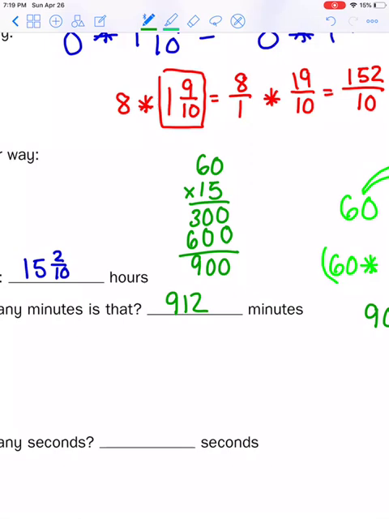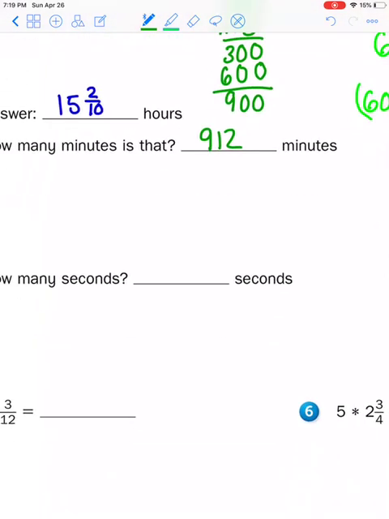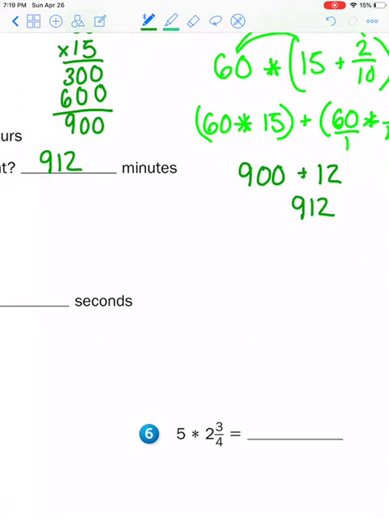Now I have to convert minutes to seconds, which is going to be a little easier because it's just multiplying. There's no fractions. So if I do 912 times 60, 0 times 2 is 0, 0 times 1 is 0, 0 times 9 is 0.